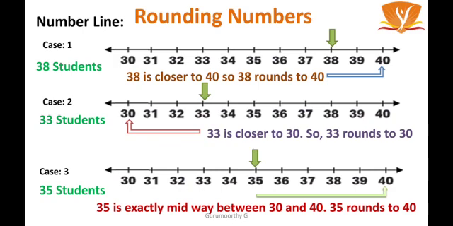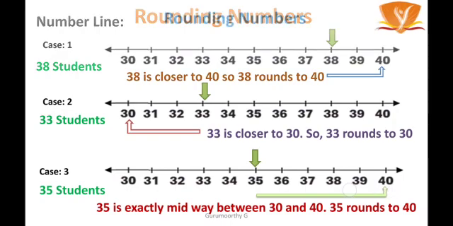As for example, in 38, the one's digit is 8, which is greater than 4. So 38 is rounded up to 40. Hence, we increased the 10's place by 1 and the one's place is made 0. Same way in other cases also.